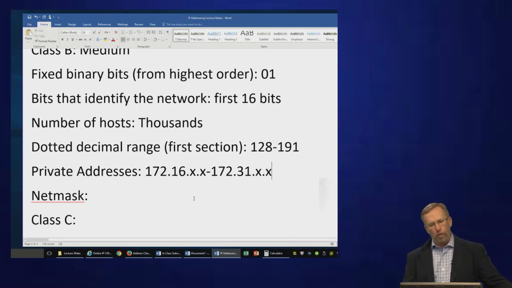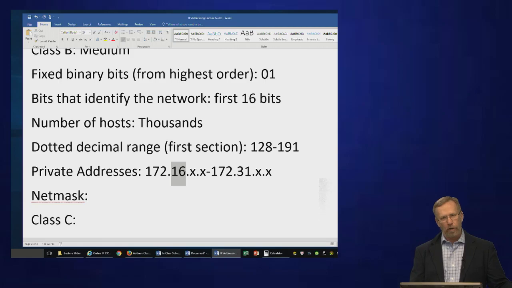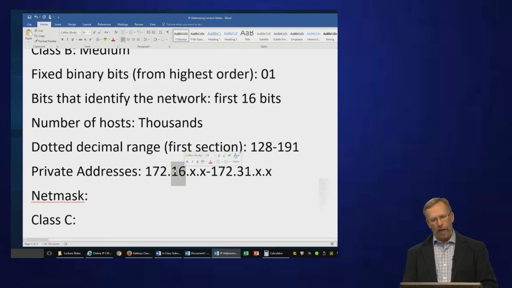So what this tells me, this is one network, 172.16 is my first private network, 172.17 is my next private network, etc. So I have 32 private Class B networks that I can use internally in my organization or for testing purposes. So there's 32 of these that are reserved for private use and can't be routed across the public internet.